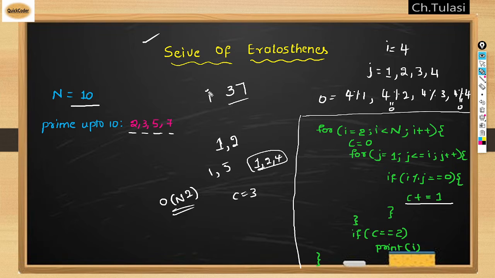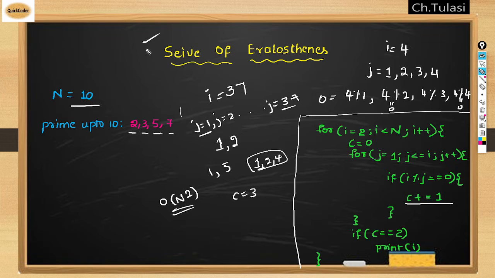So if my i is 37, it is a prime number, which means it is divisible only by 1 and 37. But this program runs j equal to 1, j equal to 2, up to j equal to 37, though the divisors are only 1 and 37. So we are unnecessarily running this loop, and this may cause a time limit exceeded problem.